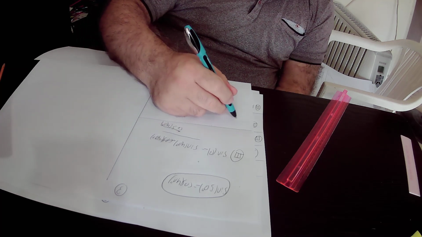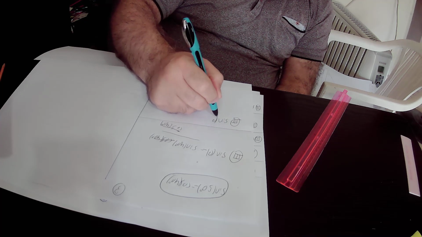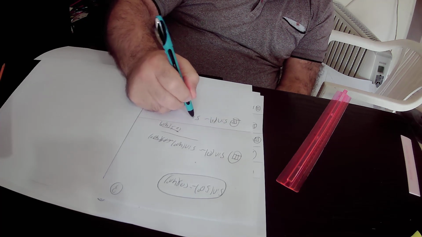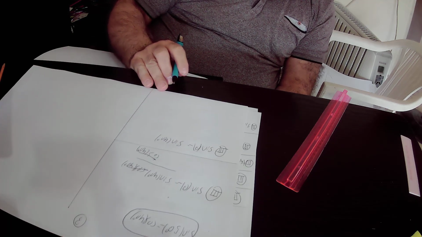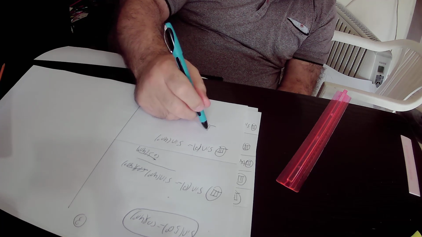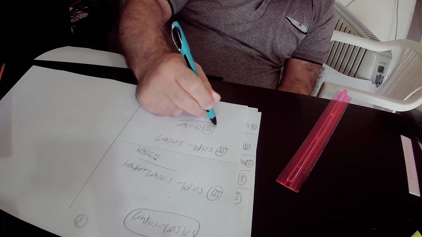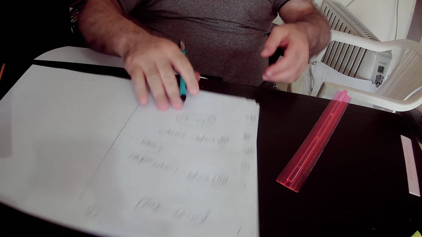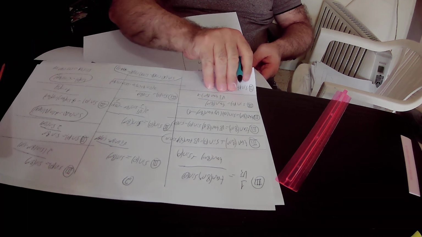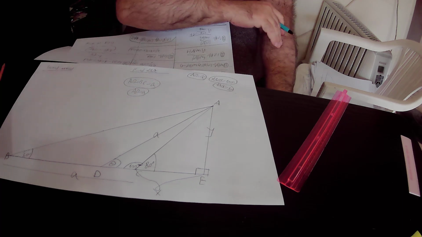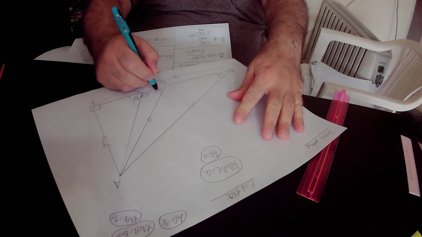And we are left only with sinus theta that equals to sinus 40 degrees. It means if sinus theta equals to sinus 40 degrees, it means that theta equals to 40 degrees. So we found out that theta equals to 40 degrees, and theta is the angle that we are looking for, that is actually angle ADC, equals to 40 degrees.